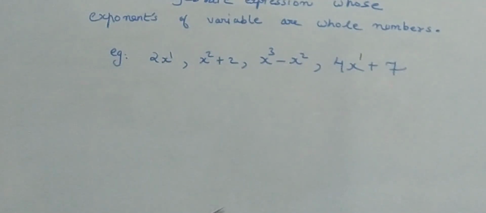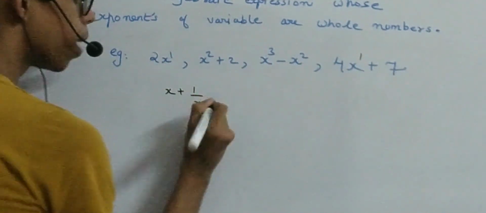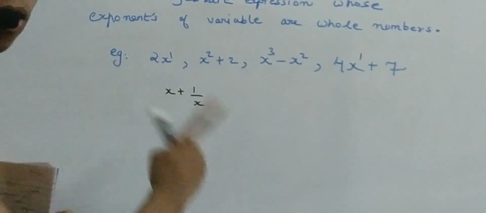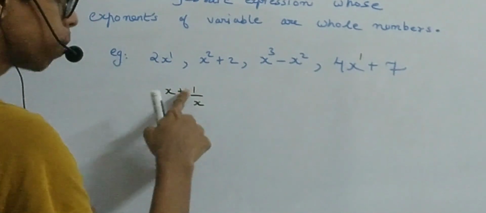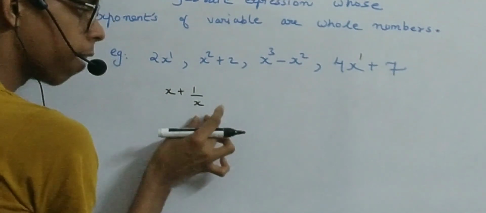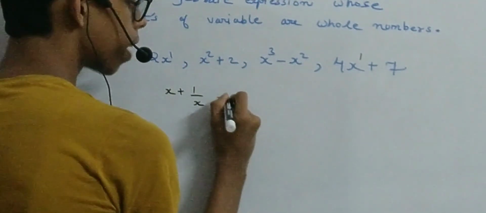Okay. Now let me give you a few examples which may not be a polynomial. For example, if I write x plus 1 by x. My question is, is this a polynomial or not? X plus 1 by x. Now in a previous chapter we have learned that if we bring something to the numerator, a negative sign will come.